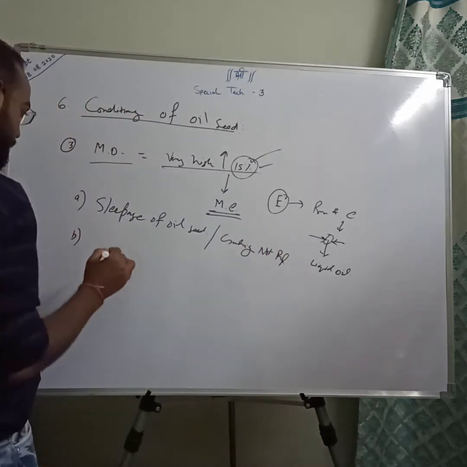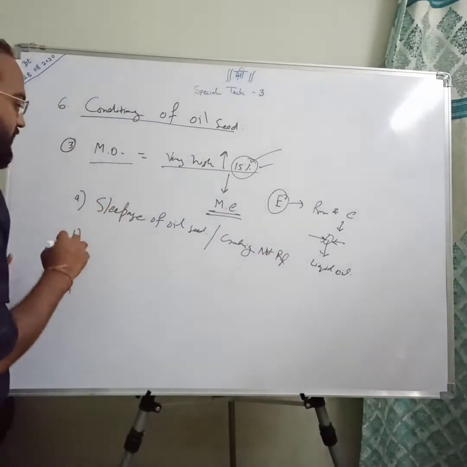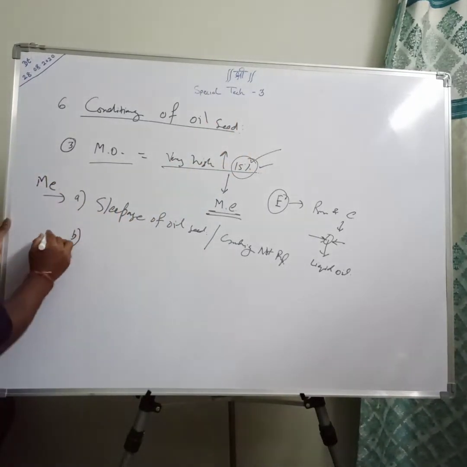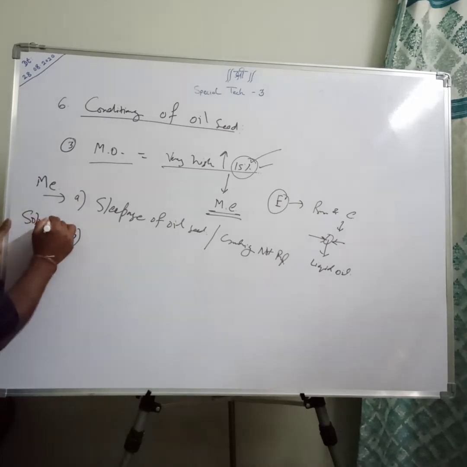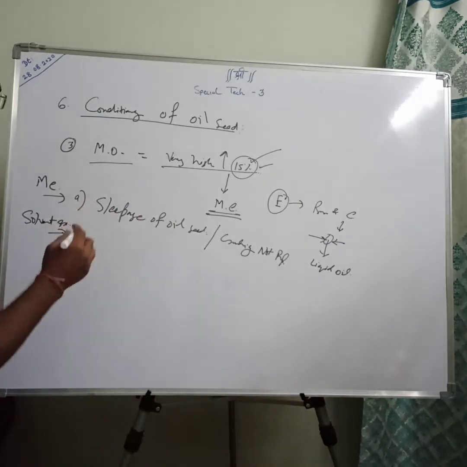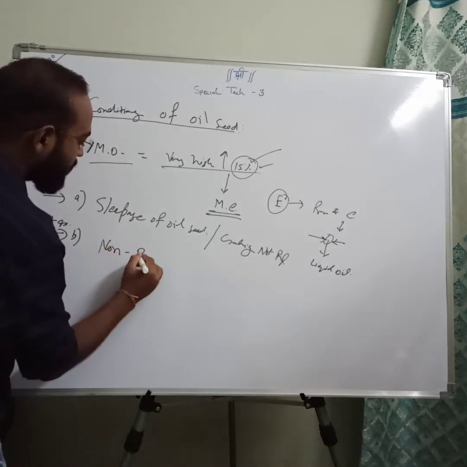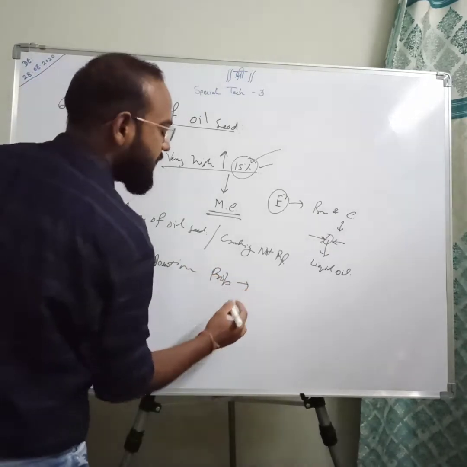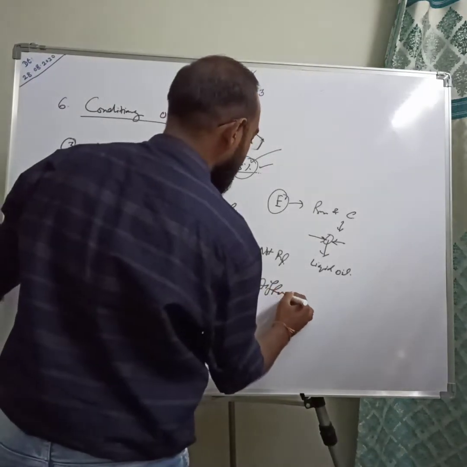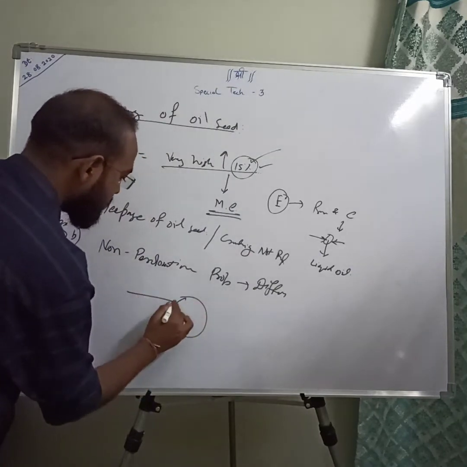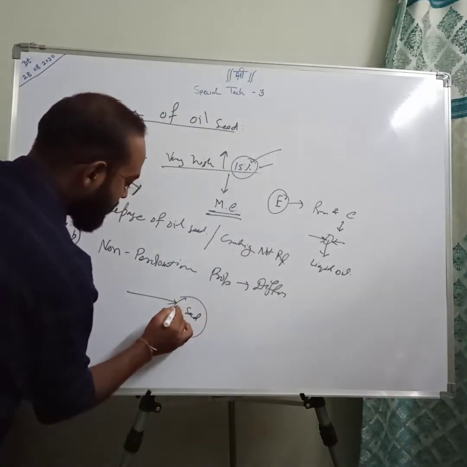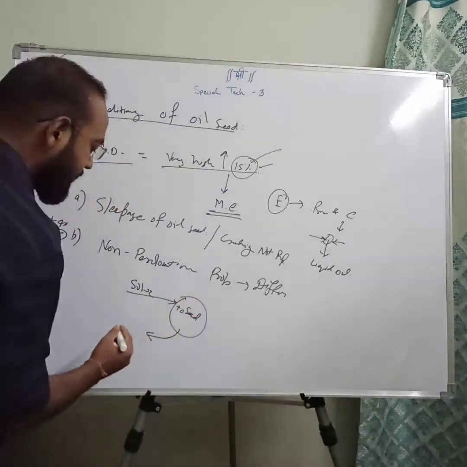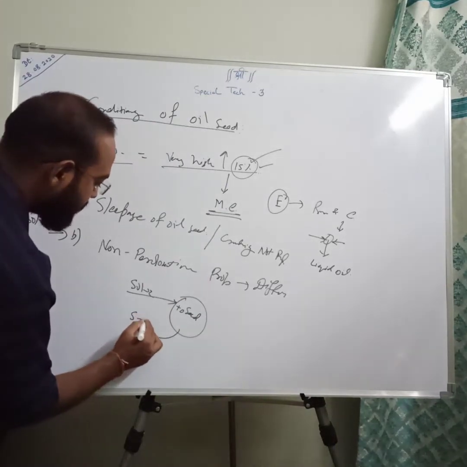The second drawback: the previous one was for mechanical extraction, and when we go for solvent extraction, it again provides us a non-percolation problem. This is related to the diffusion issue, that is, the solvent needs to enter the seed, mix with oil, and after some time the solvent needs to come outside plus oil.